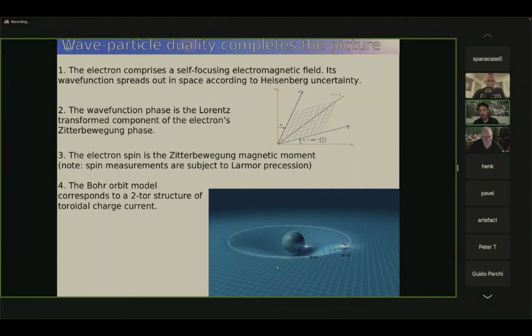So the faster the electron moves, the more the Zitterbewegung cork is like a spring pulled out, and the slower it moves, the more it's compressed together like a spring again. And the orbital motion is the white circle. So this blue circle and white circle is what I refer to as the two-Tor structure. And remember, the Zitterbewegung is the blue cork, and that gives the electron spin.